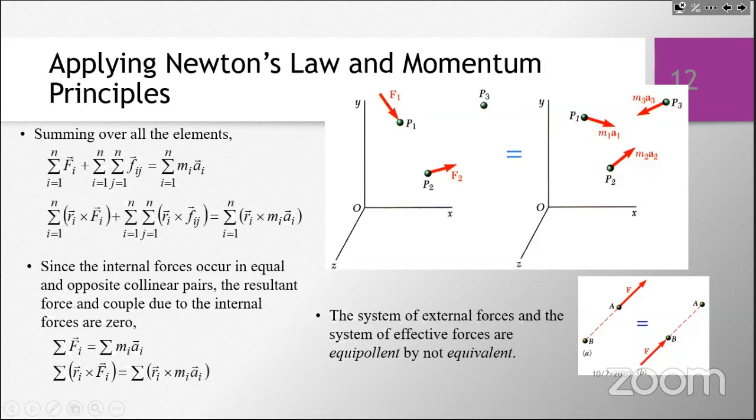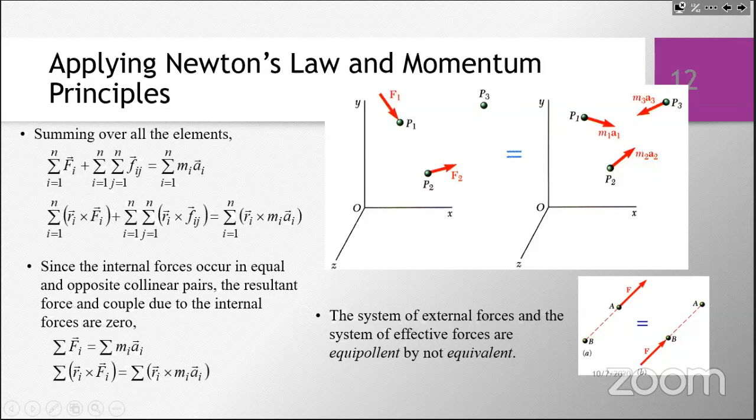The idea of a system of particles is that there's some internal forces that are connecting each of these particles. But for our applications here, the internal force from P1 to P2 is the same as P2 to P1. They're just in opposite directions, and so they will cancel. So our internal forces end up canceling, and that's why we're left with these 2 equations.